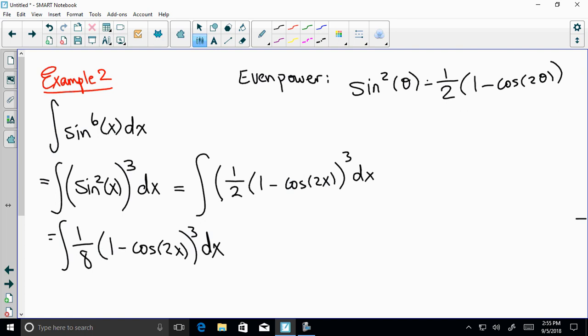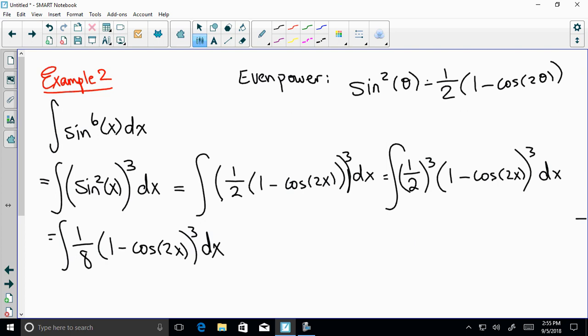Aaron? 1 over 2 times 1 over 2 times 1 over 2. See this cubed over here? It means 1/2 cubed times 1 minus cosine of 2x. And the 1/2 cubed is 1 over 8. Right here. Okay?